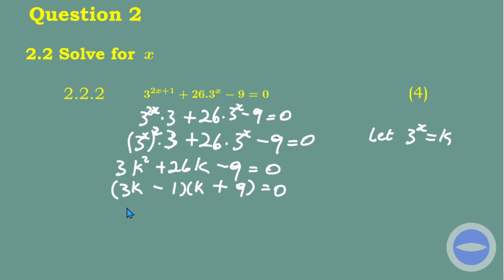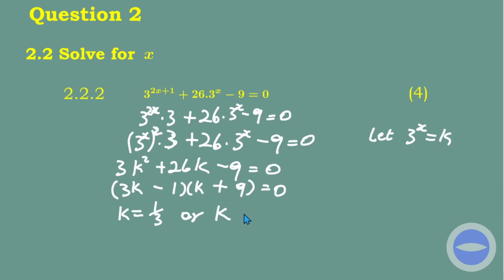So here is the same as k equals 1 over 3, or k equals negative 9. I don't think k is possible to be negative, so we can't have a negative solution here.